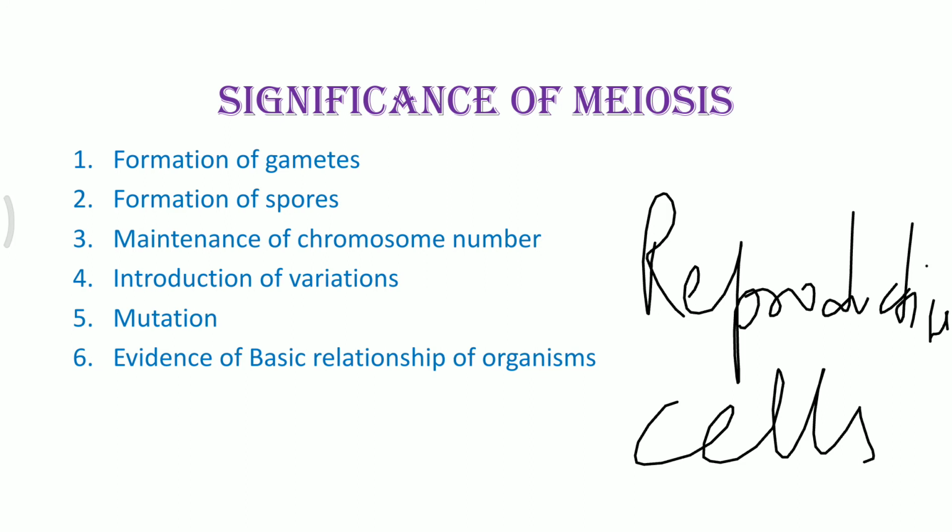And not only crossing over, even during the long process of meiosis, there are certain stages where there are chances of a few chromosomes getting unevenly distributed, as a result of which there can be certain deformities also taking place in an individual. So those can also be considered as mutations.